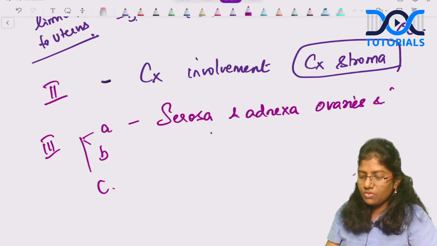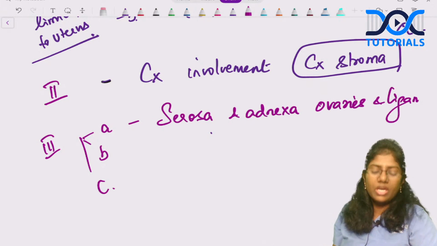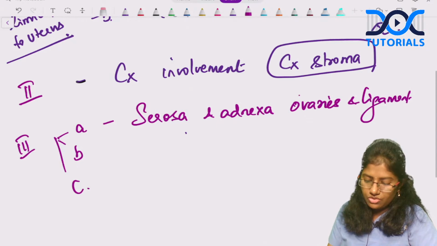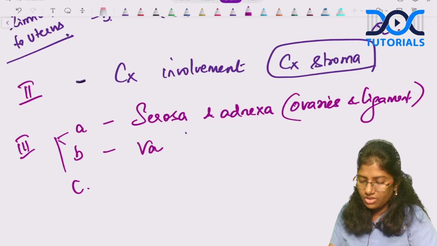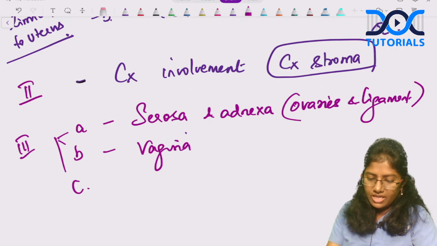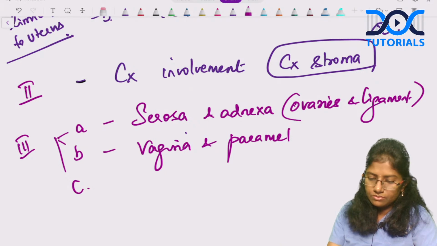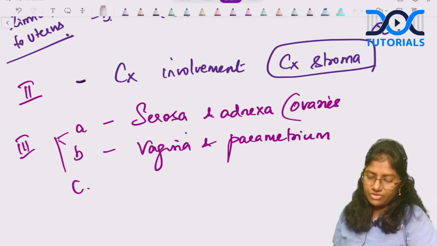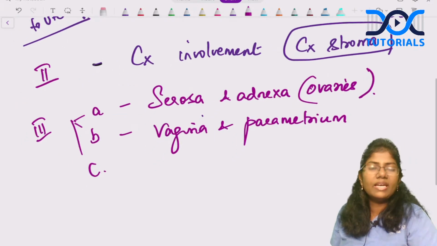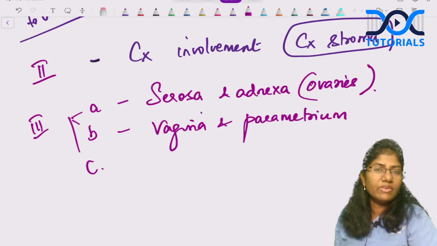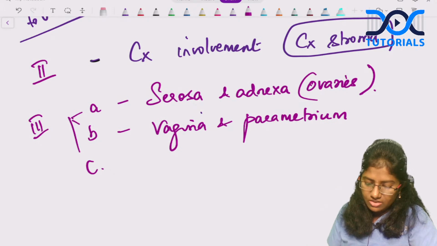Stage 3B is involvement of the vagina and the parametrium. So serosa and adnexa is stage 3A, vagina and parametrial involvement is 3B.